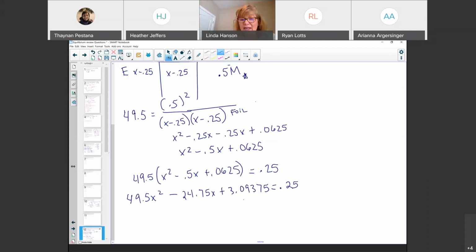Now, ultimately, we want to have this set to 0 so that we can solve using the quadratic formula. So I'm going to subtract 0.25 from the number that has no variable with it. When I hit 3.09375 minus 0.25, my answer here is 2.84375, and that is now equal to 0.